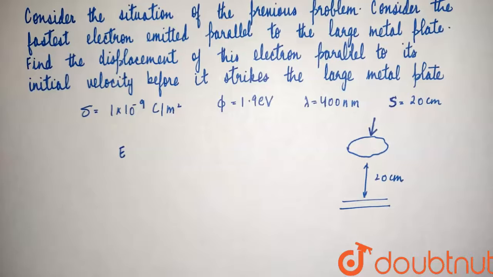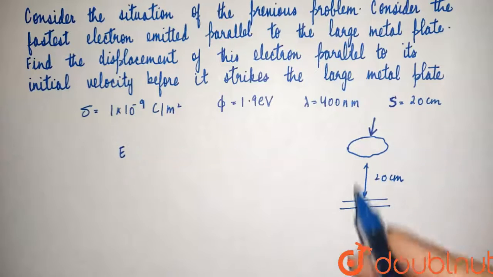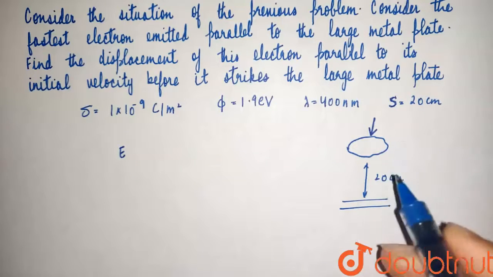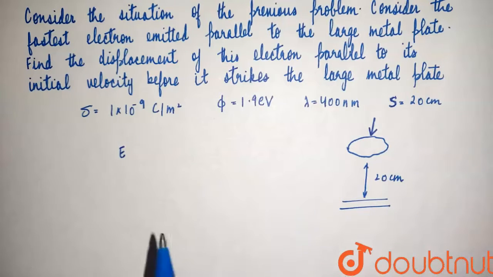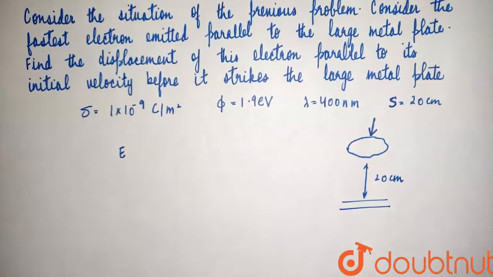So that would be V into T, right? Velocity and the time it takes. For that we need to calculate acceleration, and acceleration can be calculated from force. And what is the force here? Electrostatic force. So we can write that force as ma, and for electrostatic force we need to calculate electric field.